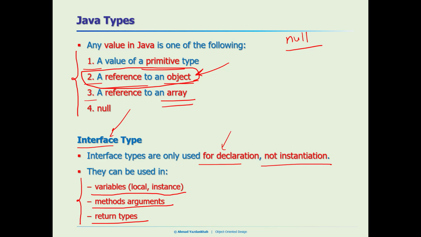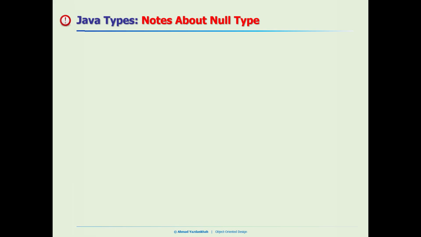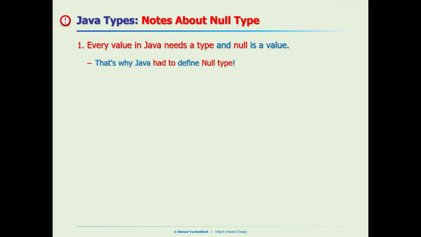Okay, so I think we have a good introduction about the types. Now, let me give you some notes about the null type. As we said, every value needs a type and null is a value. That's why they had to define this null type.